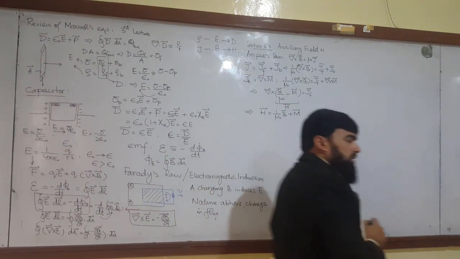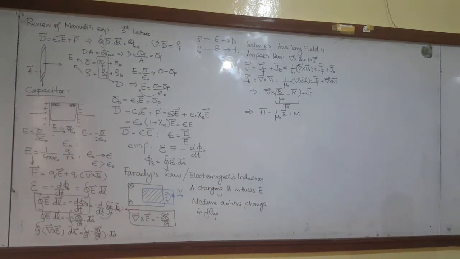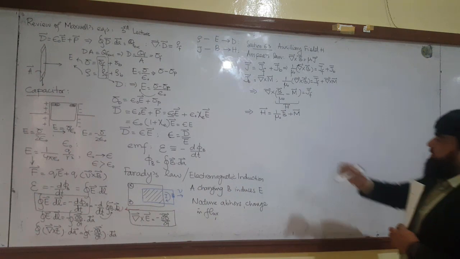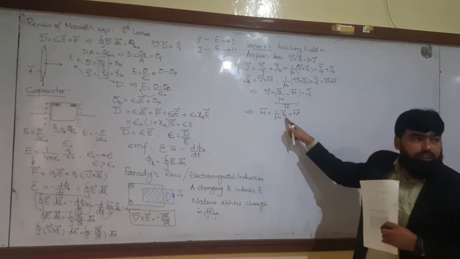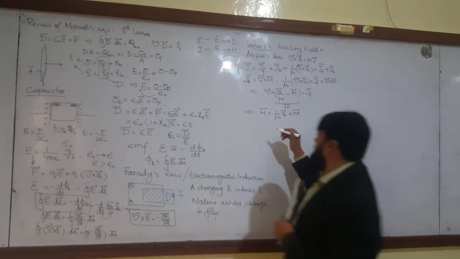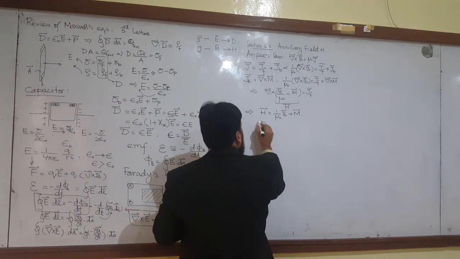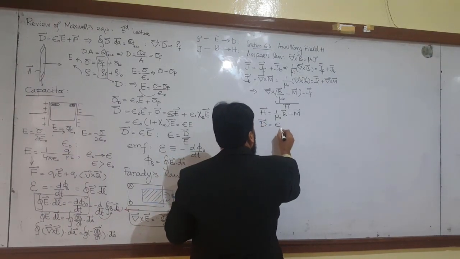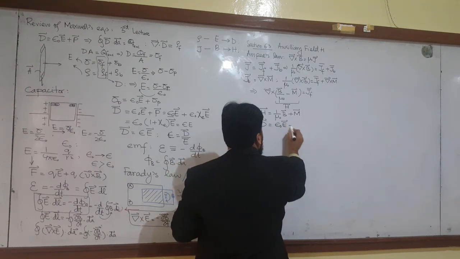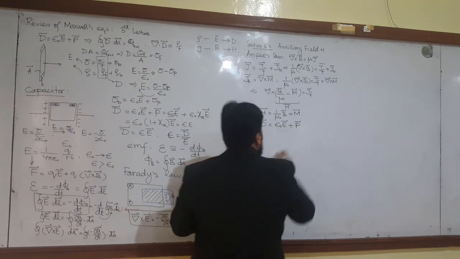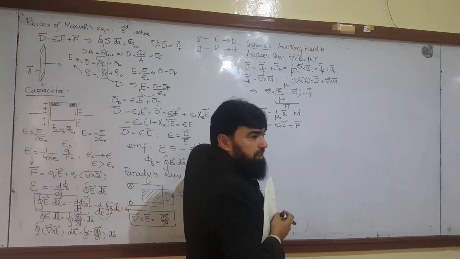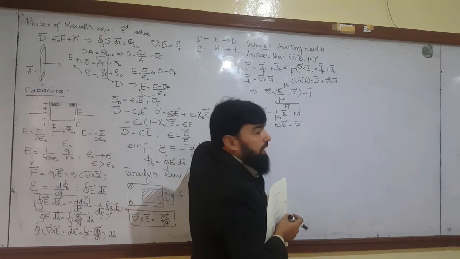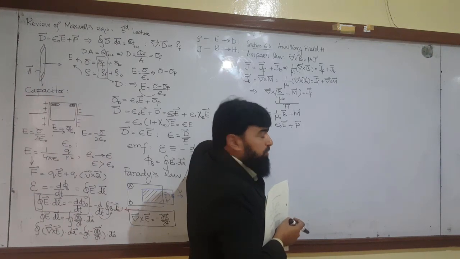It is almost having the same concepts. Like D was equal to epsilon naught E plus P. So you can see the analogies. Here, the role which is played by D in the electric field is played by H in the magnetic field.